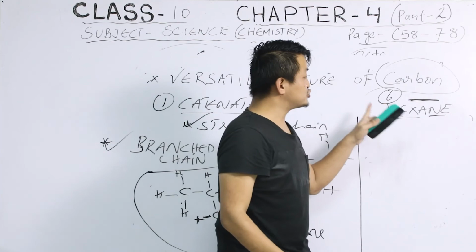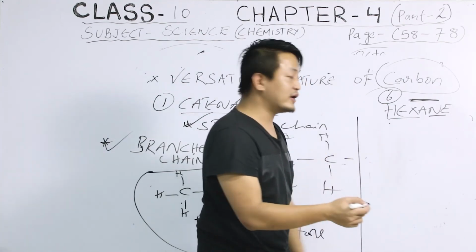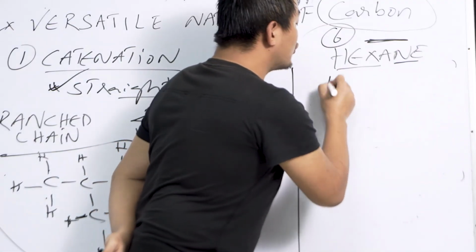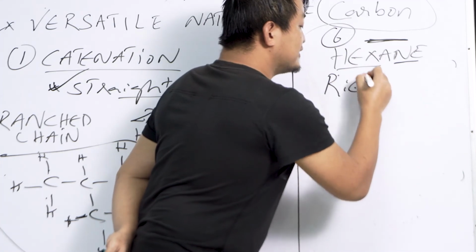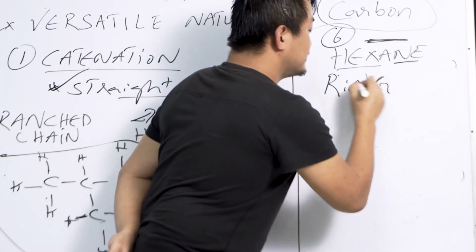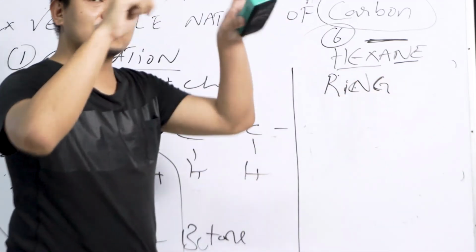But if I have to show this hexane in a cyclic way, or we call it a ring shape. Why ring? Because it's all cyclic.